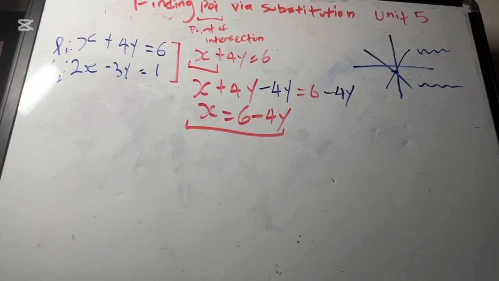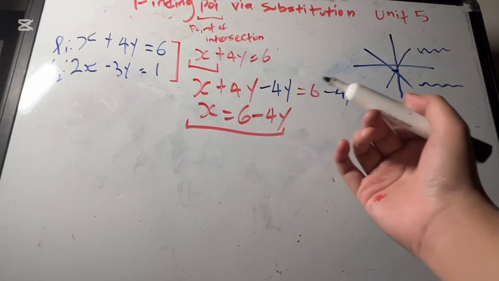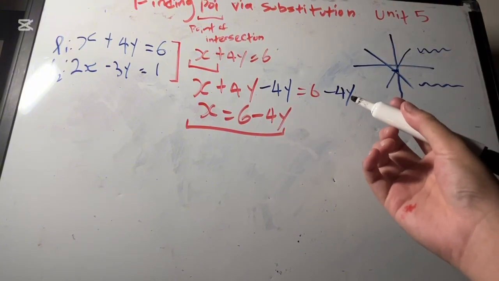Now, we are not complete. We may have found the x expression, but we need to find the specific numbers that correlate to it. In order to do that, I'm going to switch colors first. We know that x equals 6 minus 4y.